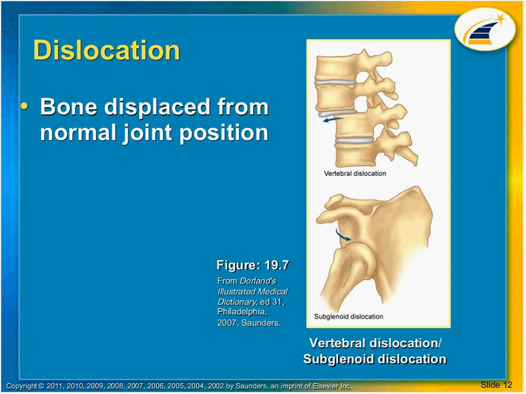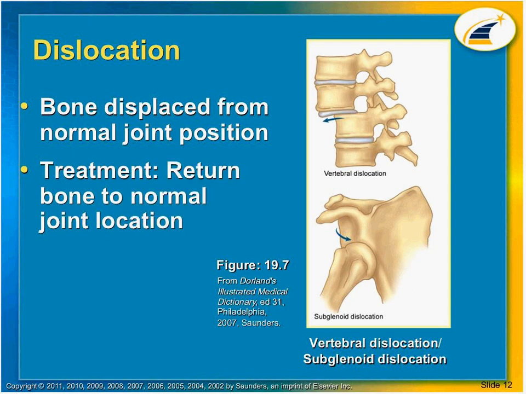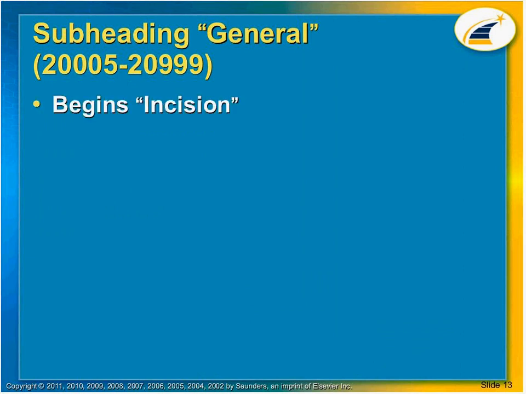And there are possibilities that people can have joint displacement even in their face. So just know that any area that connects your bones to your body in an easily movable fashion, because some joints cannot move as easily, is considered a joint. And so the treatment will return the bone to normal joint position.